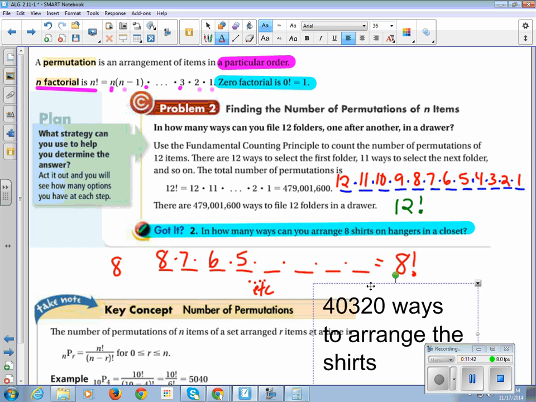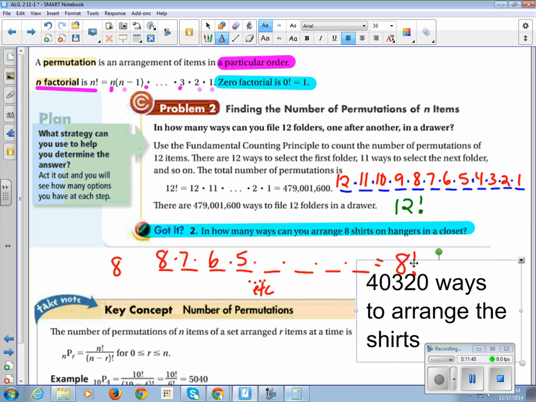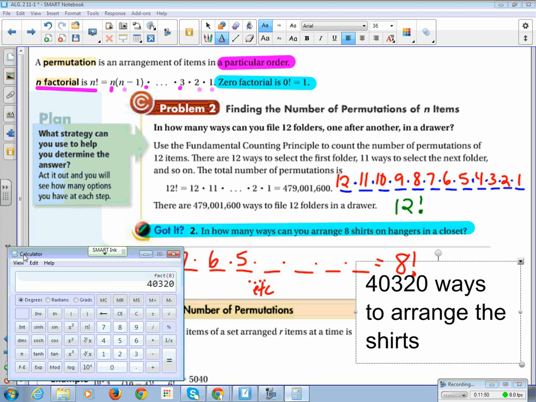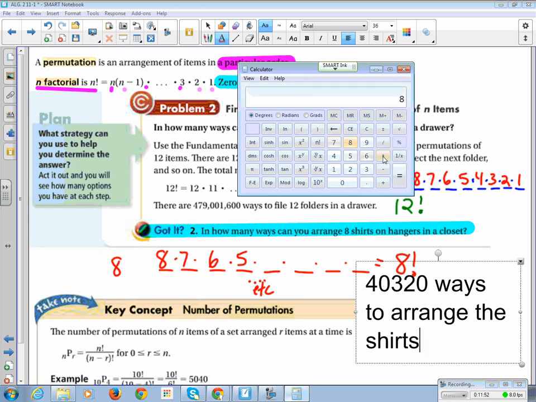All right. So, in fact, let's just double test just in case while we're getting used to the new terminology. 8 times 7 times 6 times 5 times 4 times 3 times 2 times 1. 40,320.